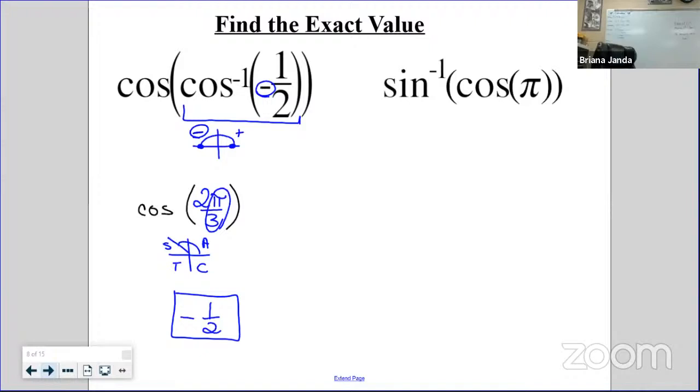Like how to draw a 2 pi over 3 angle? 3 over 3 and 6 over 3. So 2 over 3 is just short of 3 over 3. Does that help remind you?